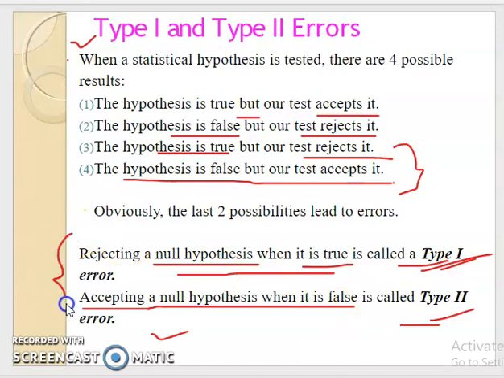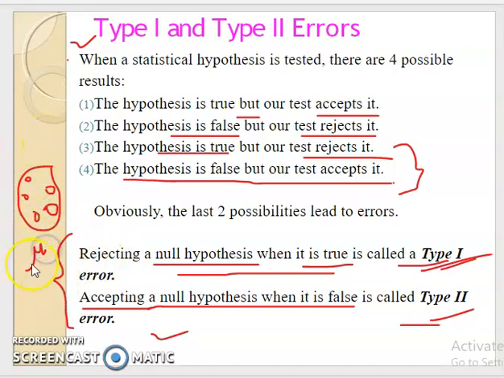And why are we considering type 1 and type 2 errors? Because we are randomly selecting the sample, isn't it? From a population, we are randomly selecting the samples, and this can cause certain errors in the calculation for a population.